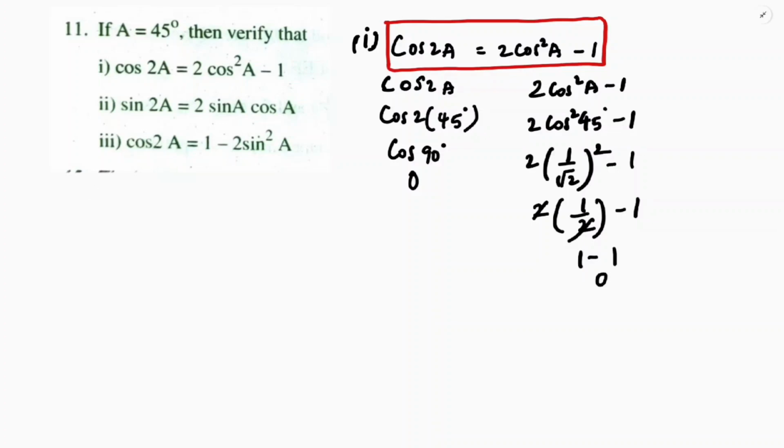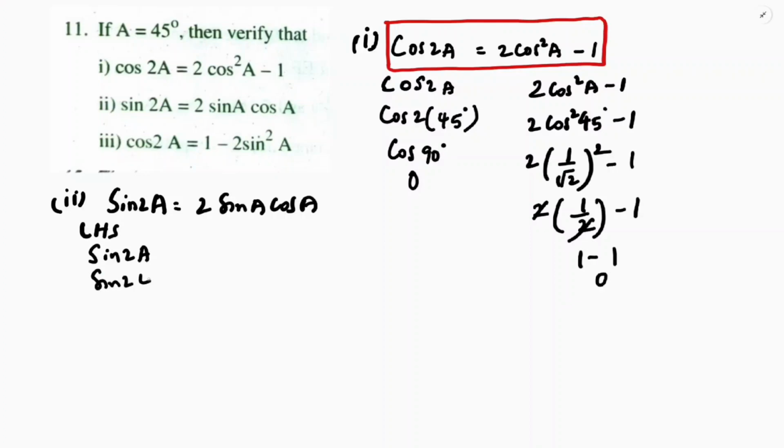Now second one, sin 2a equals 2 sin a cos a. First I will take LHS, which is sin 2a. Sin 2 times 45 degrees is nothing but sin 90 degrees, and sin 90 value is 1.